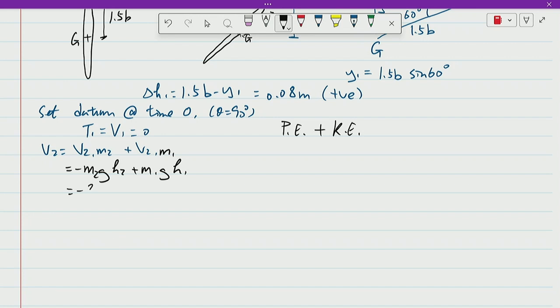That's going to give us negative 2.47 plus 0.79, or basically minus 1.68 joules. Which makes sense. Primarily, the system is being driven by the loss of the potential energy from M2, which is what's accelerating both particles.